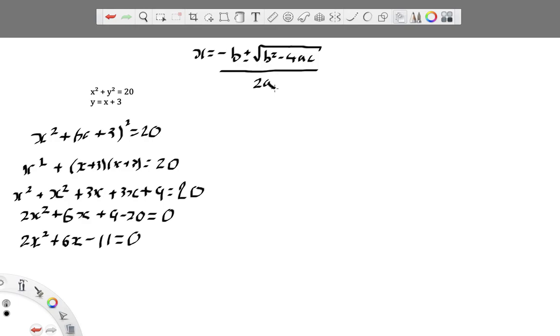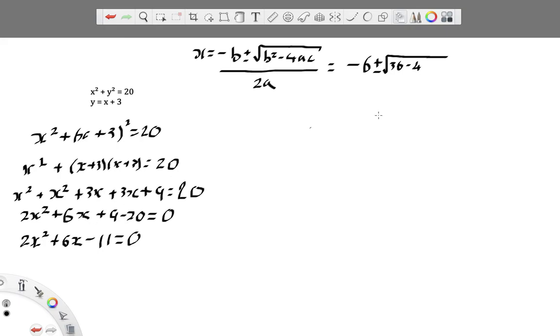Okay, so what is b here? Well, b is 6, so we start with minus 6, then plus or minus b squared. Well, that's going to be 36 minus 4 times a times c.